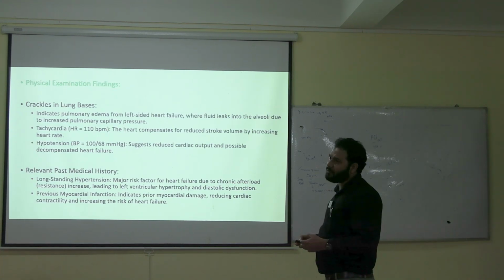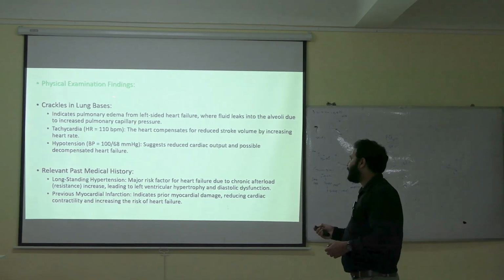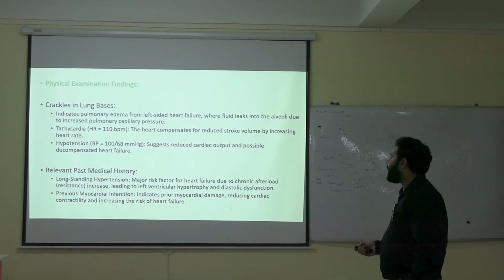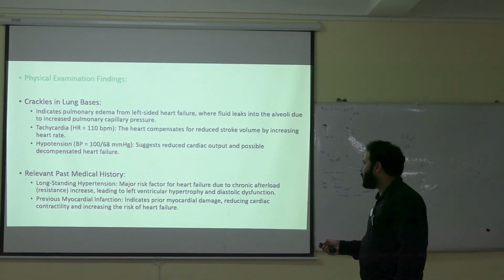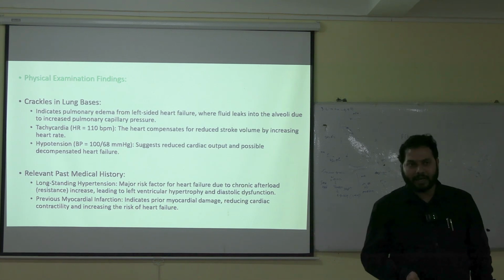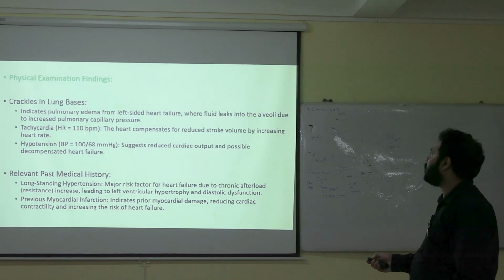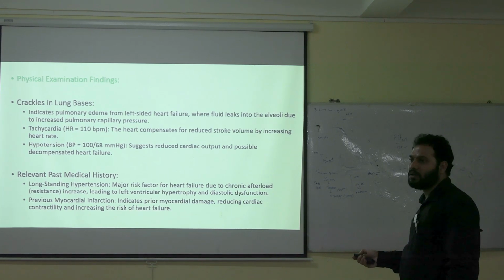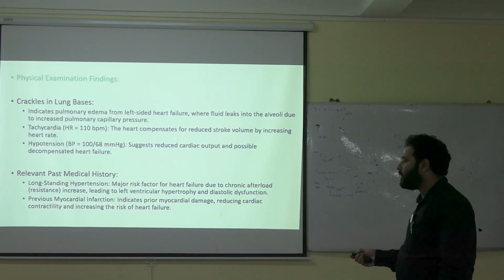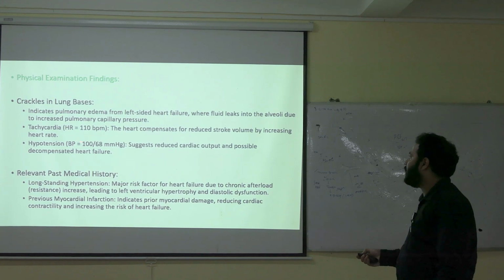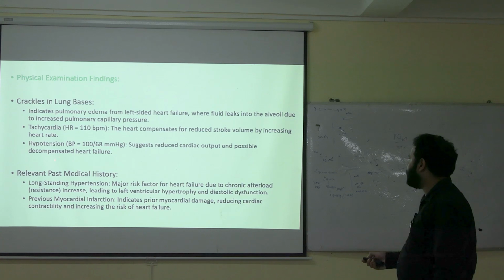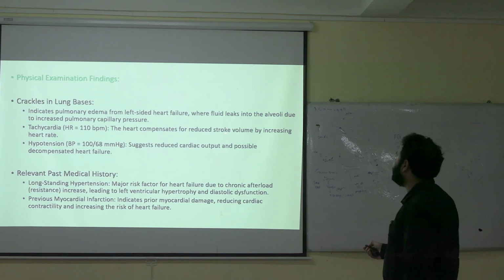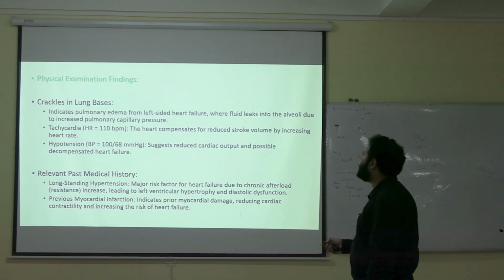There is other information also given, like physical examination findings and past medical history. If we talk about the heart rate, see, it is not normal, it is more than normal, 110 beats per minute. If you see blood pressure, it is reduced blood pressure, right? So for both these conditions, first, the heart compensates for reduced stroke volume by increasing heart rate.